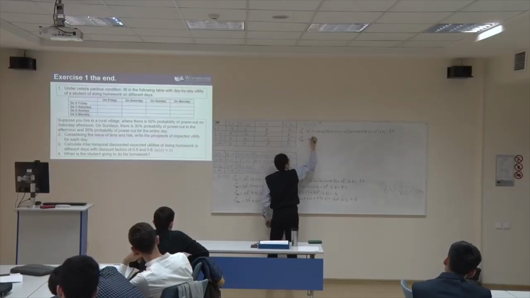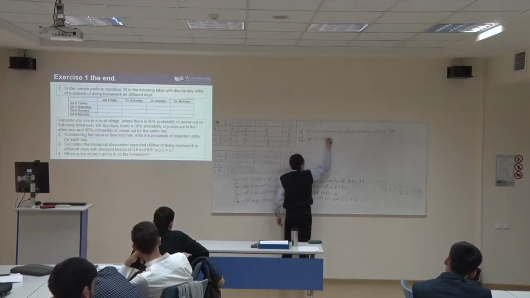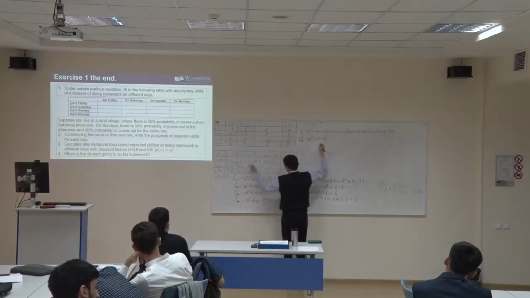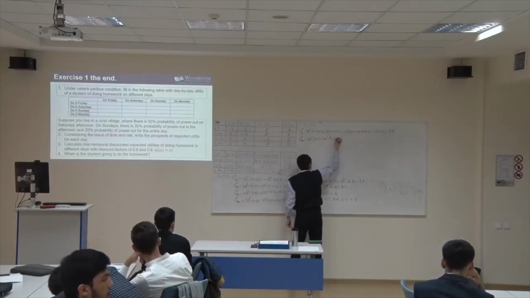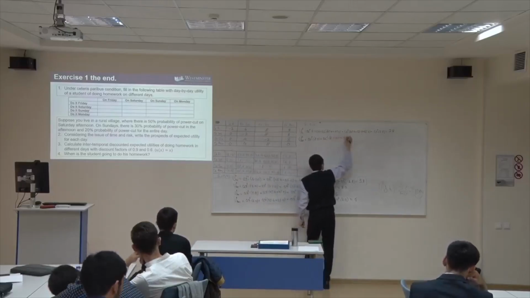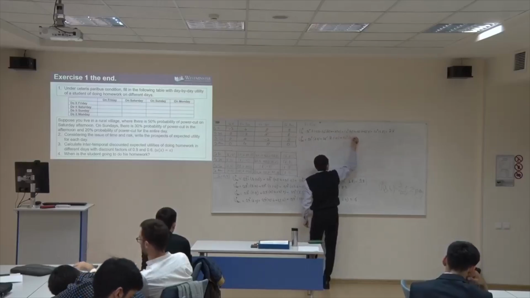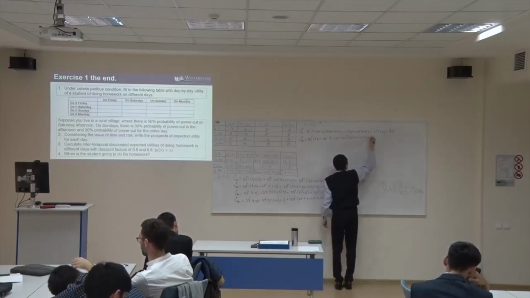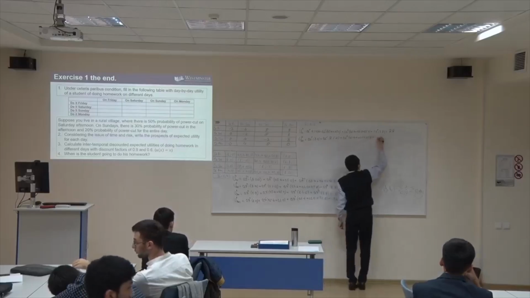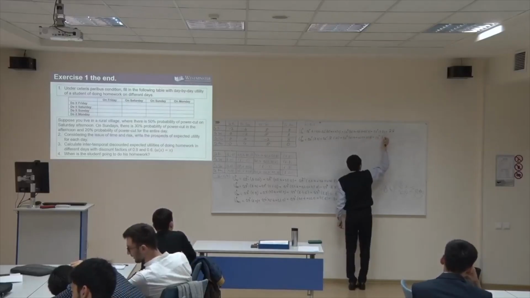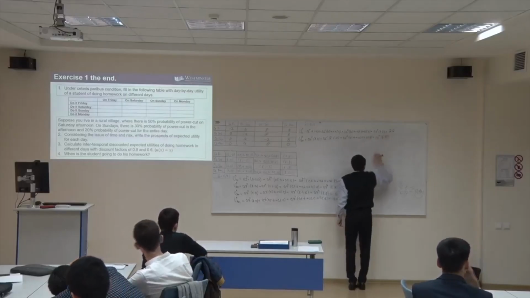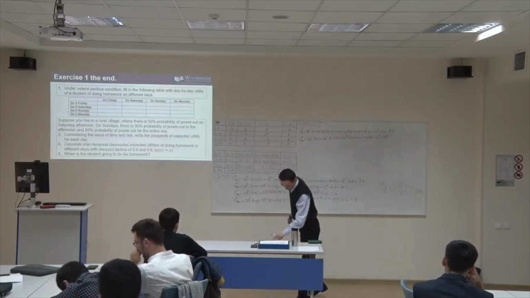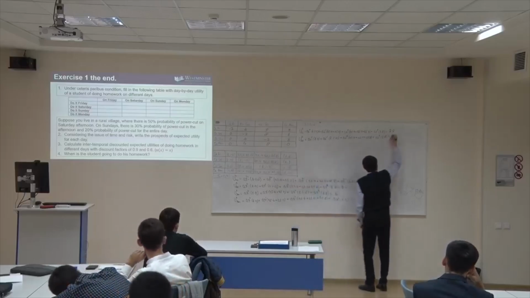So 0.6 in the power of 0 times 100% probability of 0 plus 0.6 in the power of 1 times 100% probability of minus 2, since he is doing the homework on Saturday, plus 0.6 squared times 30% probability of 4 plus 20% probability of 0 plus 50% probability of 8 plus 0.6 cubed times 100% probability of 8. And this is equal to 2.4.